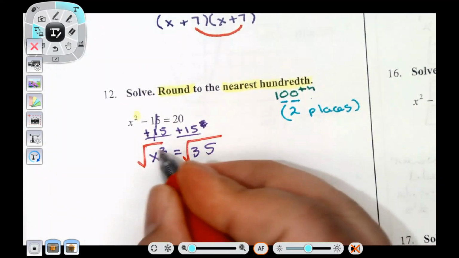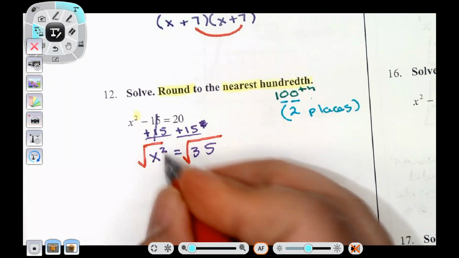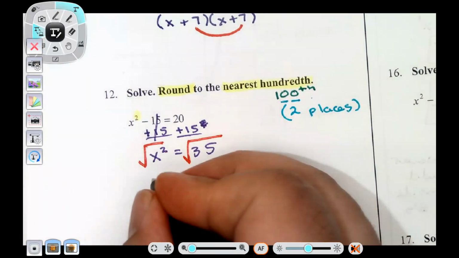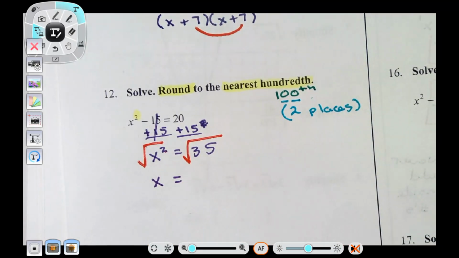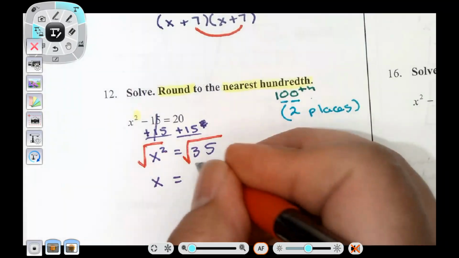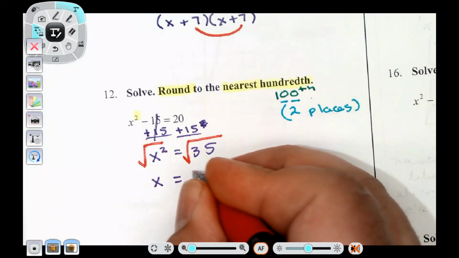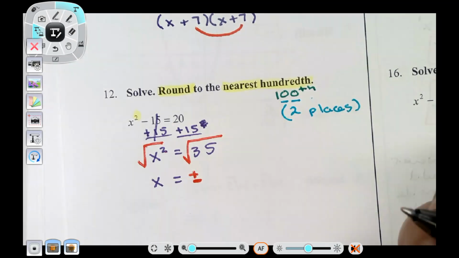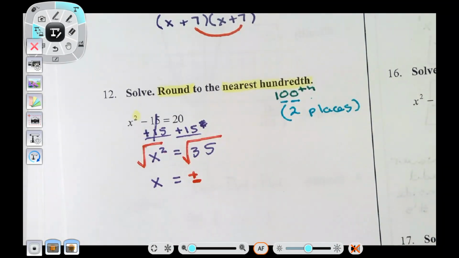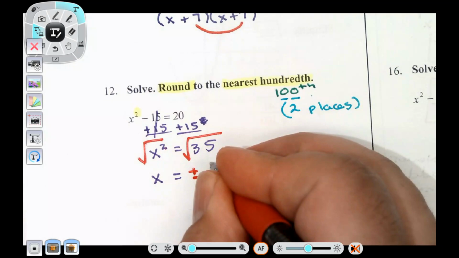A power of 2 and a square root will cancel each other out, and it leaves me with an x. But before you do anything else, the word wall does remind you, you have to have 2 answers. That is why we say plus and minus to guarantee the 2 solutions. Now, the square root of 35 doesn't really help me out. I can't take a square root.